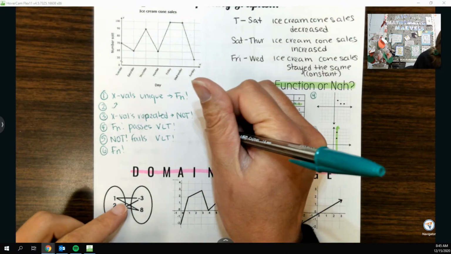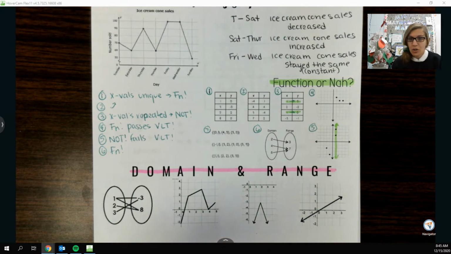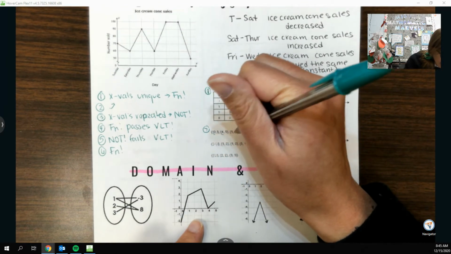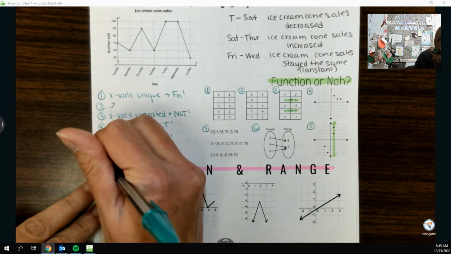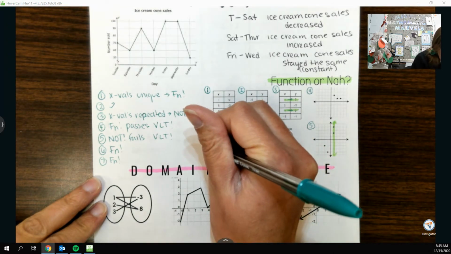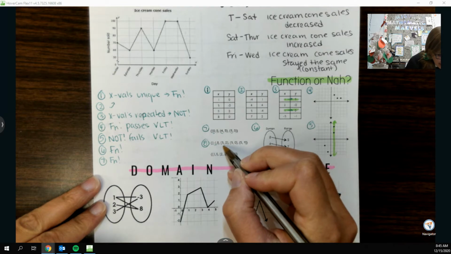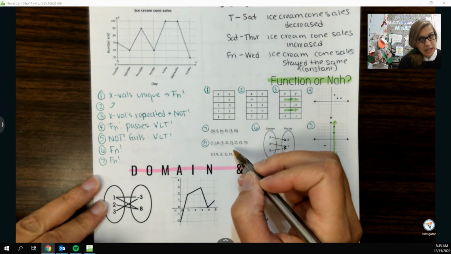If we take a look at number 7 right here, when you just have ordered pairs, you could do something like make a mapping diagram, but we're really just concerned with the x values. And if I look at each one, they're unique, so it's a function. This next one here, this list of points, again, if I look at my x values, I got -1, 3, 3.